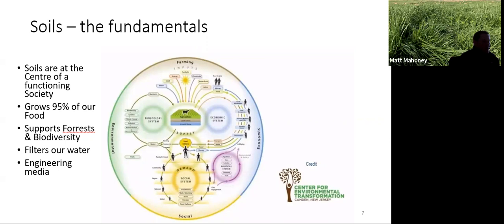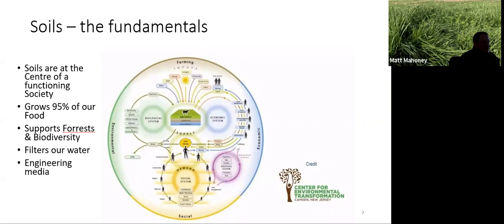Without it, we wouldn't have a lot of what we enjoy today, especially from agriculture in terms of the food that we eat. But it offers many other things than that as well, such as filtering our water that goes down into the groundwater that we pump back up and use, and even just water that moves through the soil, filters that.